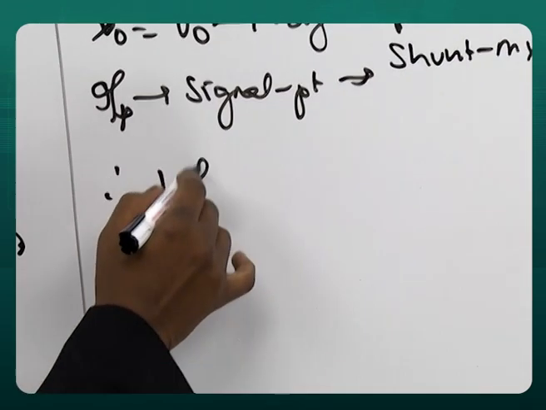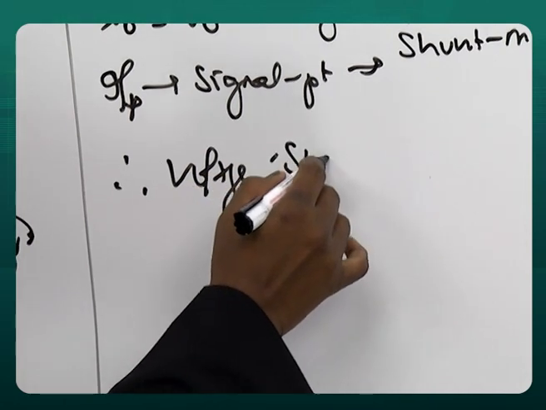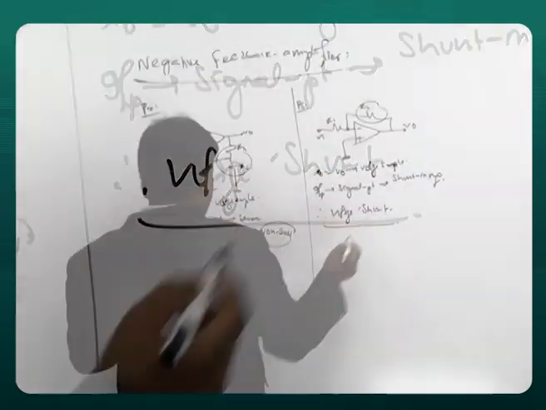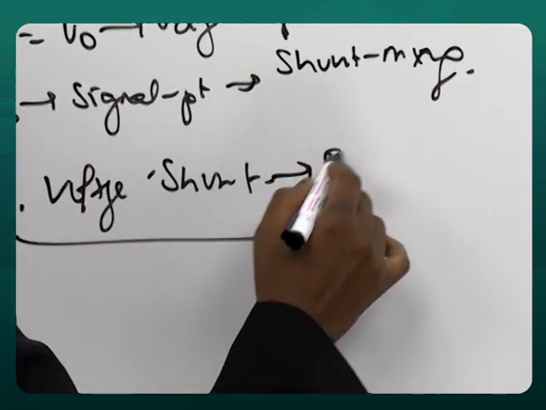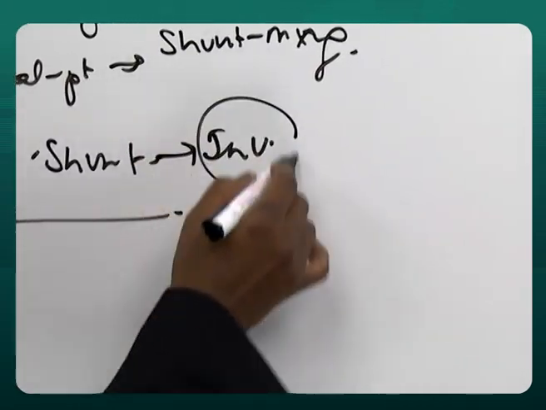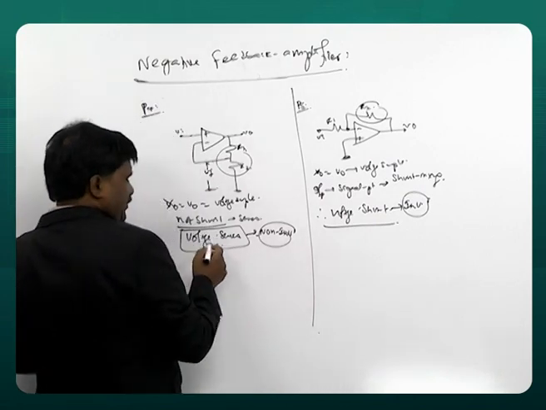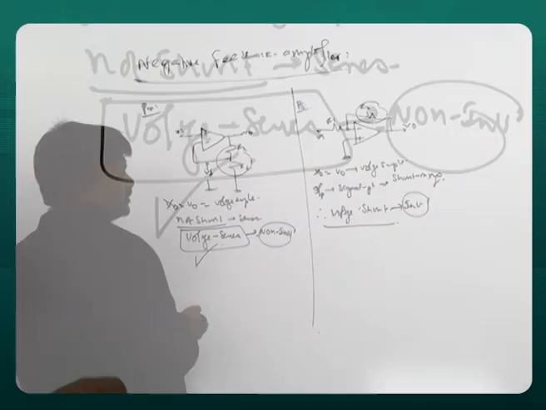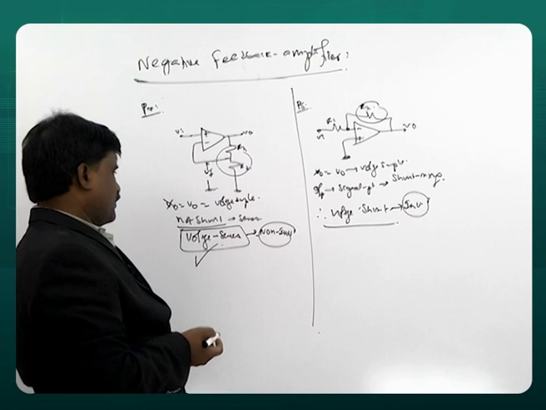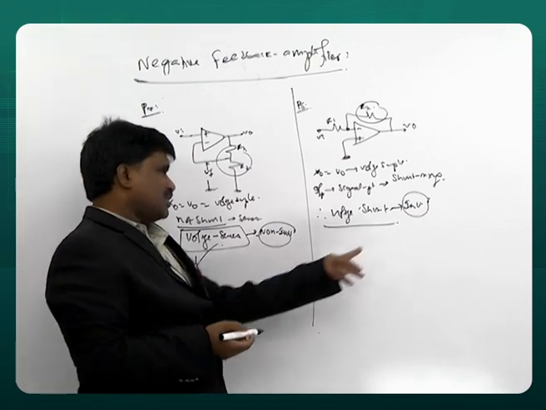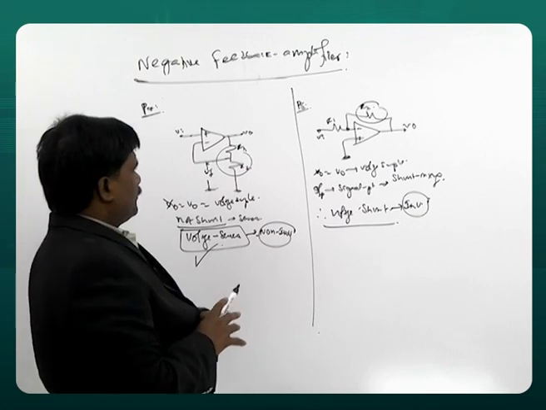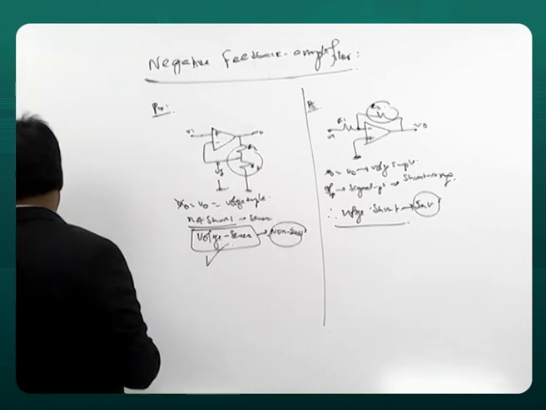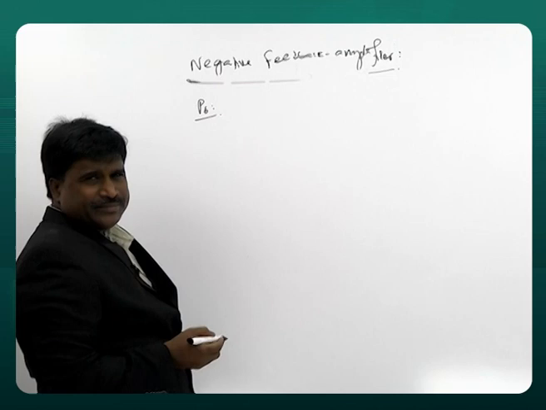Therefore, this is voltage shunt. What is voltage shunt? This is inverting. So inverting amplifier is voltage shunt, non-inverting is voltage series. Non-inverting is voltage series, inverting is voltage shunt. These are the things that we have. Problem 6.